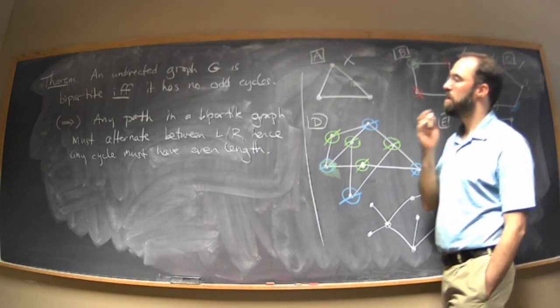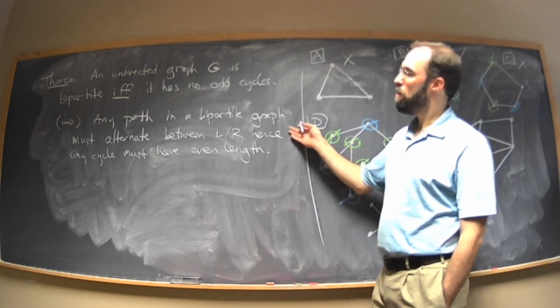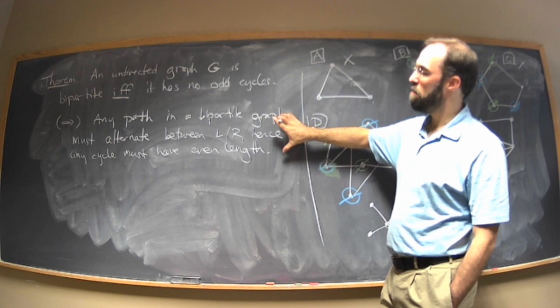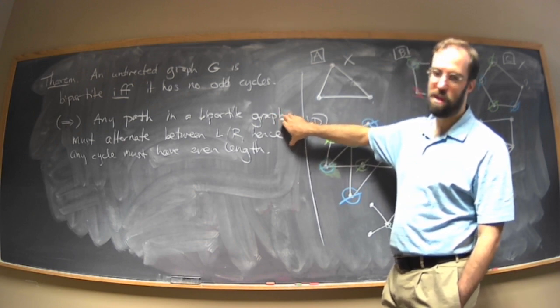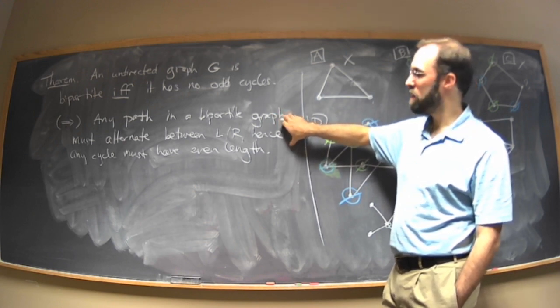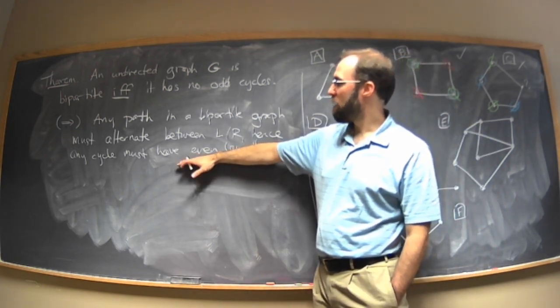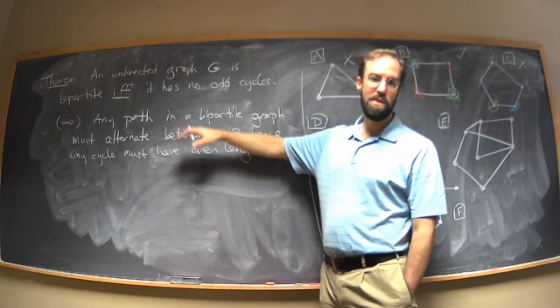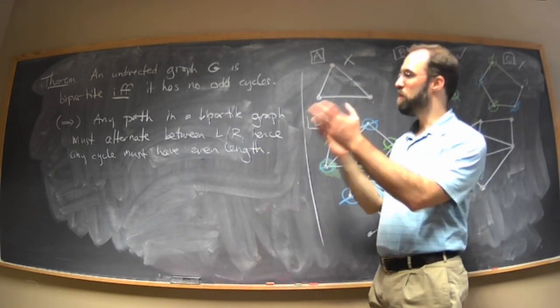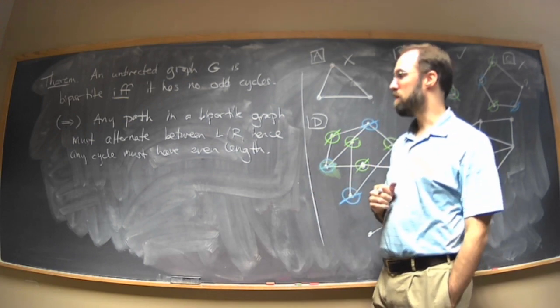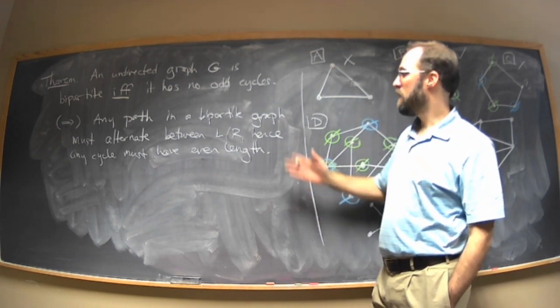Actually, when y'all were thinking about this, the thing that Cade said was actually equivalent to this. It was the contrapositive of this. What Cade said is, if there is a cycle with an odd length, then it's not bipartite. The contrapositive is you flip around the if-then and you negate both sides, and it's equivalent. But we could think about it this way too.